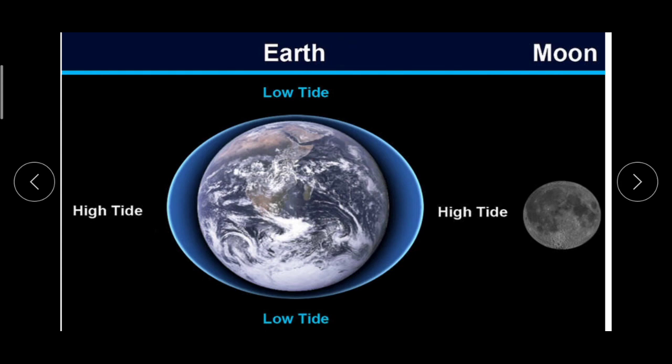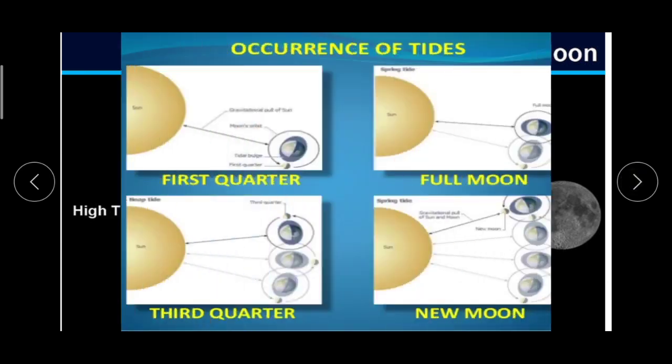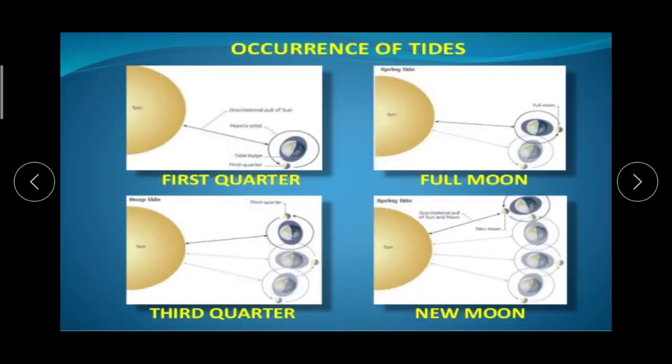Again, by one more image, you can easily understand this. Occurrence of tides due to the relative positions of the earth, the sun and the moon, and also because of the gravitational force and the centrifugal force.